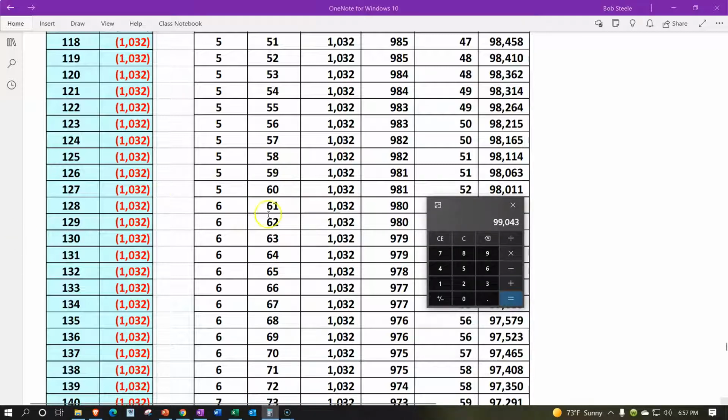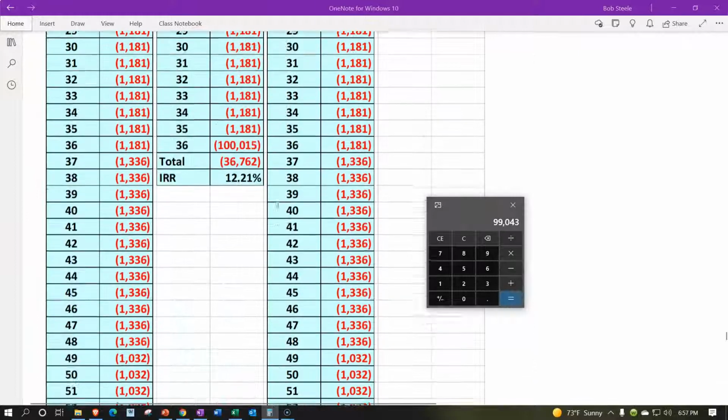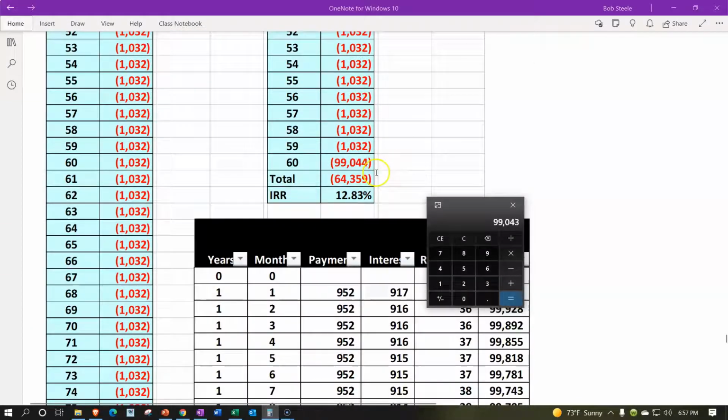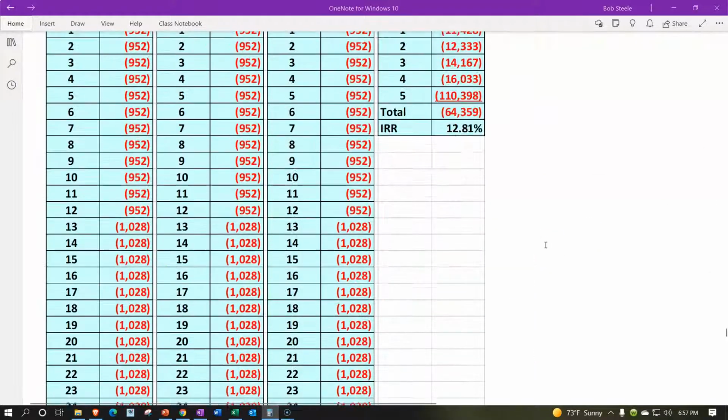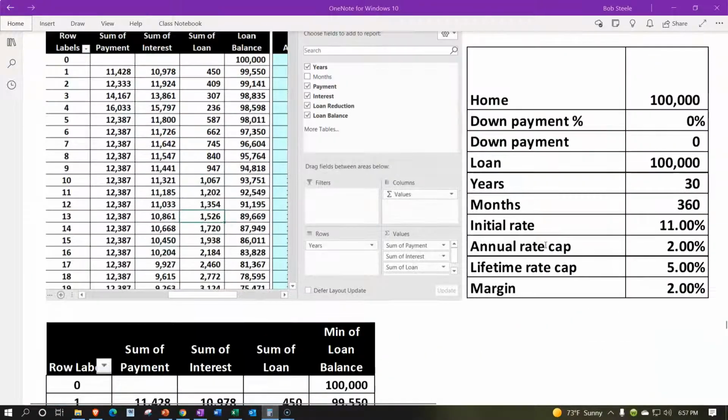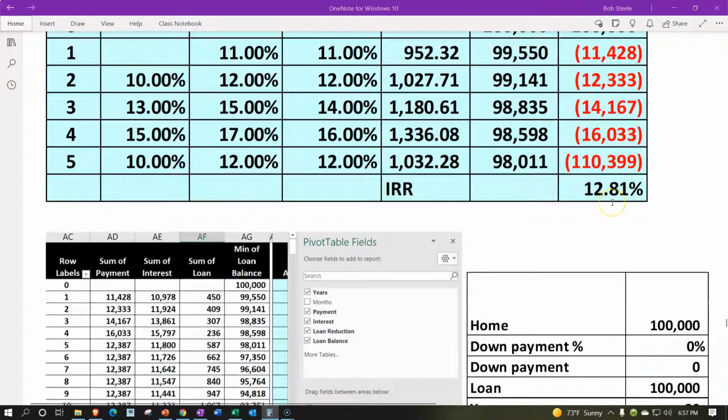That's the 99,043. That's our last item right there. Total cash flow 64,359. The internal rate of return, the rate at which that flow would be 0, is 12.83%. That then we can compare to what we got up top, which was our estimate, 12.81.